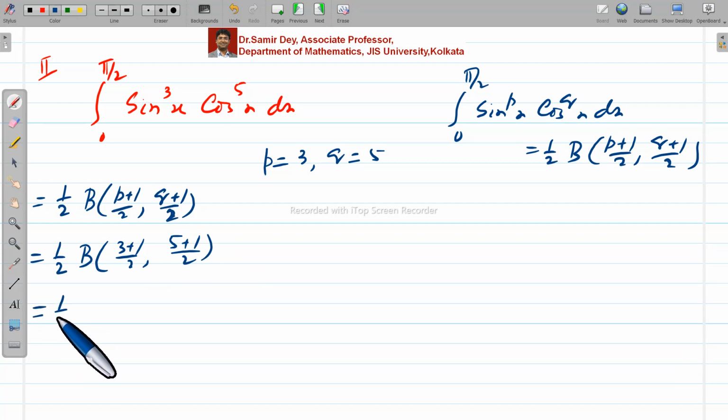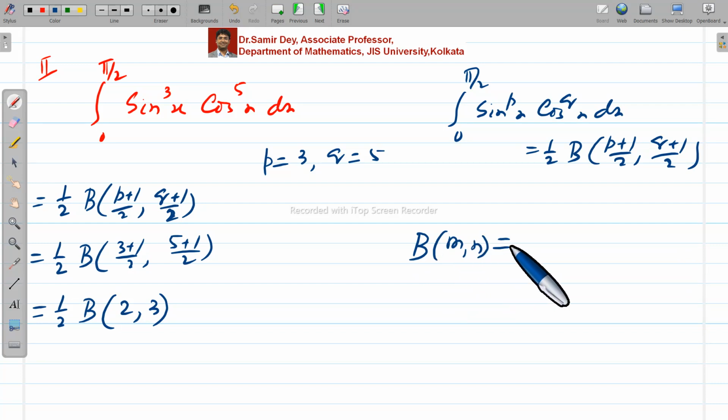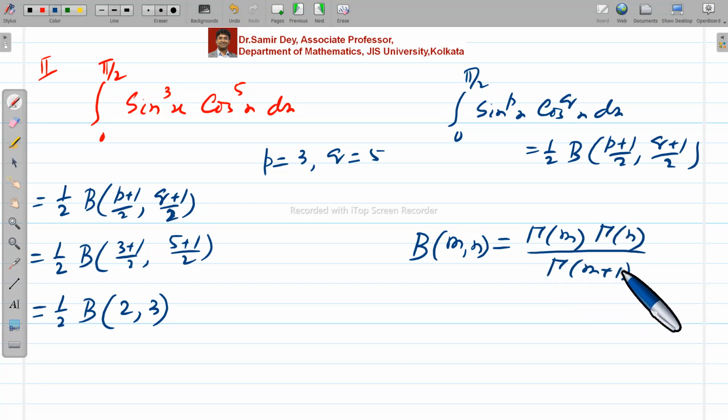Ultimately, it is coming 1 by 2 beta 2 comma 3. Clear? Now already you know the most important relation, beta m,n is equals to gamma m gamma n by gamma m plus n. Correct? Already you know that. Most important relation, beta gamma relation.